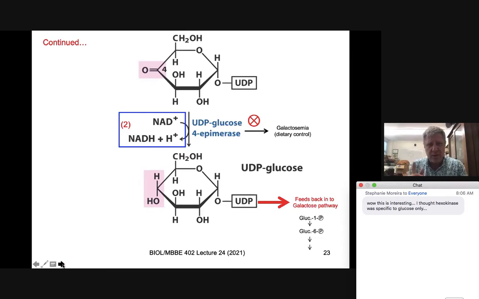So let's have a look at the UDP glucose galactose system in particular, because when we have that dietary control system, as I said, in many metabolic pathways we have the capacity to channel material off to a pathway that is not normally expressed or is very low abundance. And that pathway might then become a major alternative route to getting around the issue of the galactose 1-phosphate. So we've gone back here.